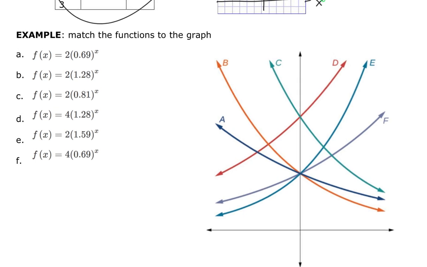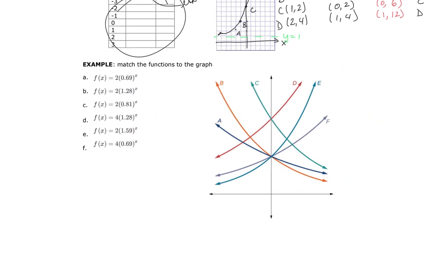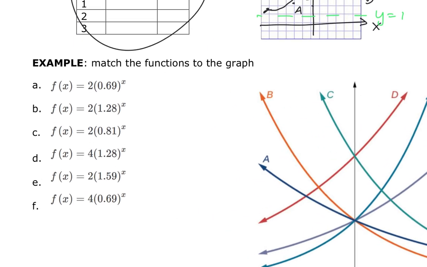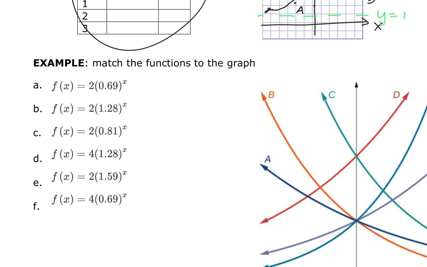So now that we know all this information, let's make a connection between these bases and these multipliers out front. Now, anytime I have a base that is a fraction or a decimal between 0 and 1, then I know that these are going to be decreasing.